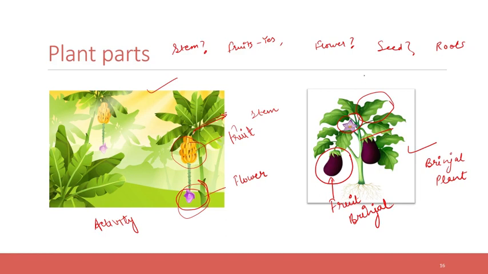Yes, you heard me right, I just spoke a word which was edible. Edible means the part of a plant which can be eaten.